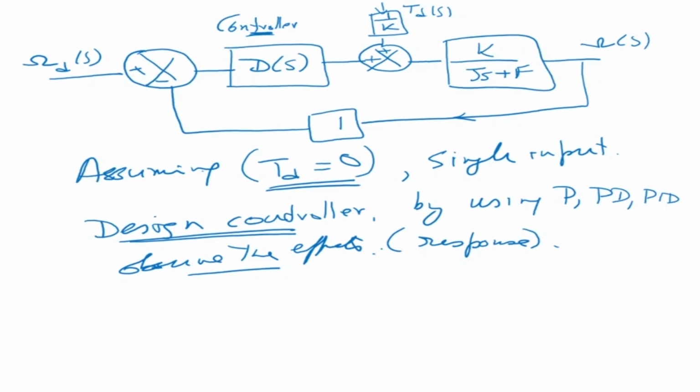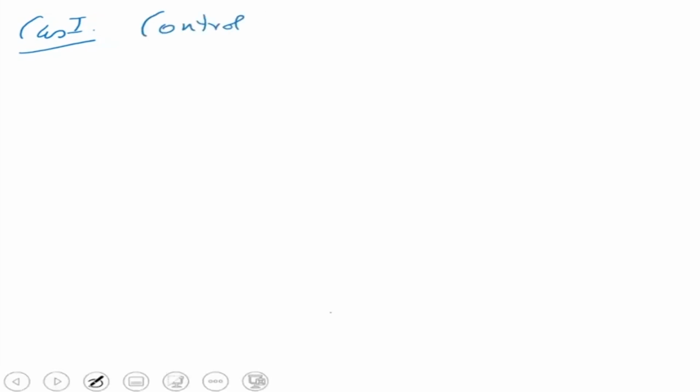Now what we can do is, first we put a P controller. So the first thing that we'll do, let's call it case 1. So in case 1, control of the angular velocity of the link. This is a first order system, so we are controlling the angular velocity.